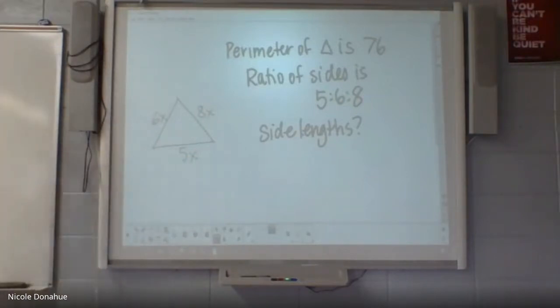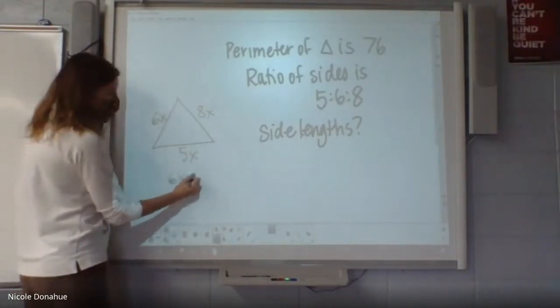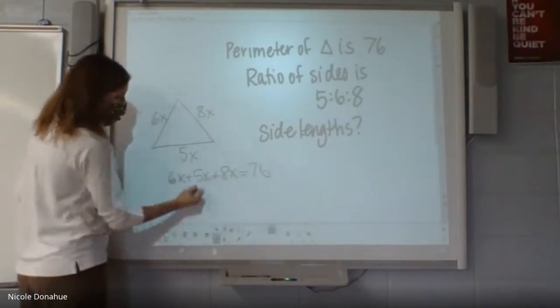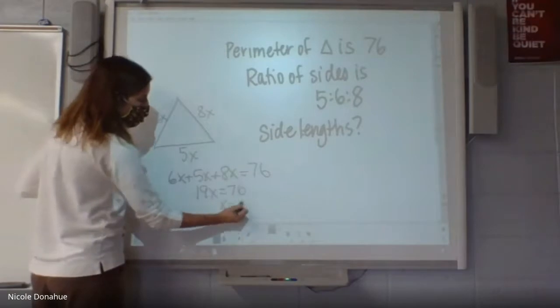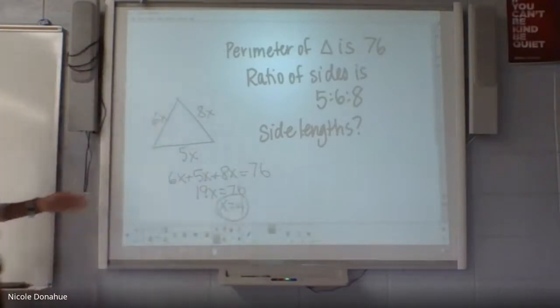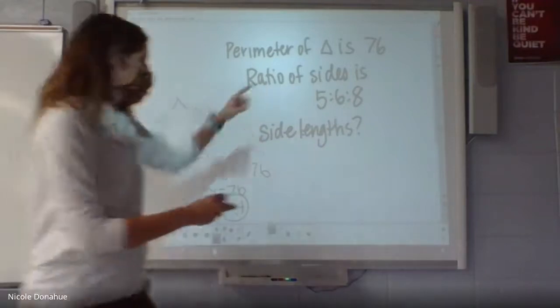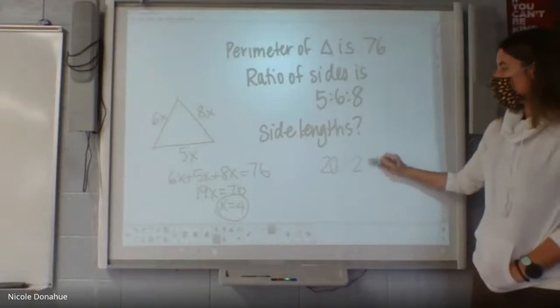They have to give us that perimeter. So 6x plus 5x plus 8x equals 76. So this will be 19x equals 76. So we find out x is 4. Once I know x is 4, I have to put that back in. So my side lengths would be 20, 5 times 4, 24, and then 32.